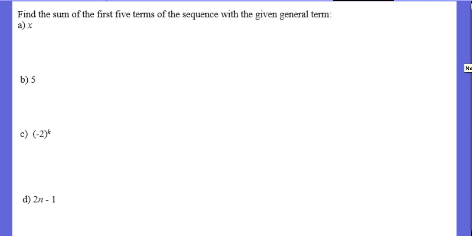this question. It says, find the sum of the first 5 terms of the sequence with the given general term. Seems complicated. I'm going to give you some help with this. So you know that at some point you're going to find the first 5 terms, right? So we're going to put this as our x.